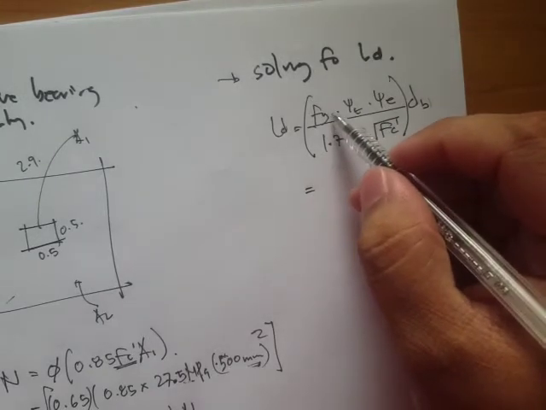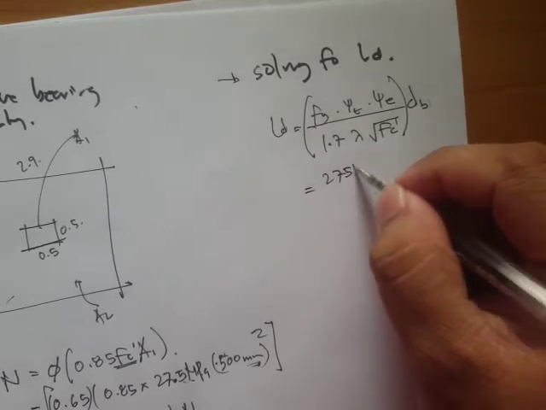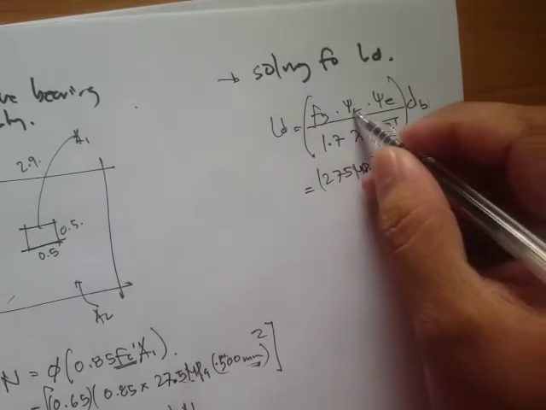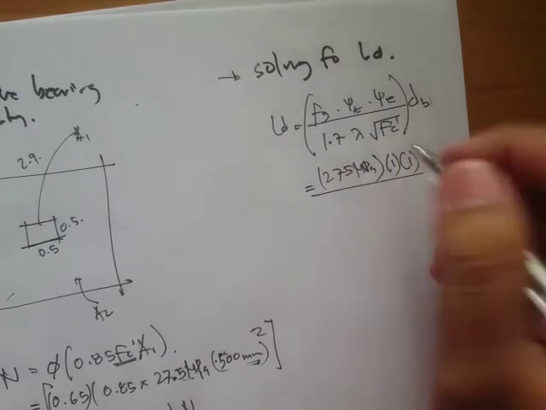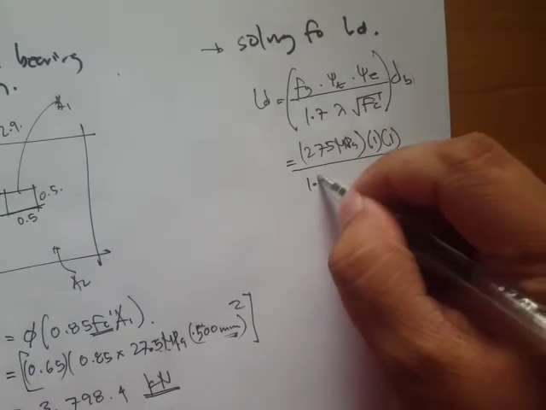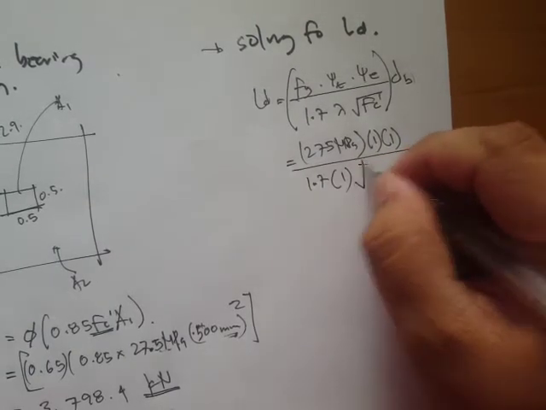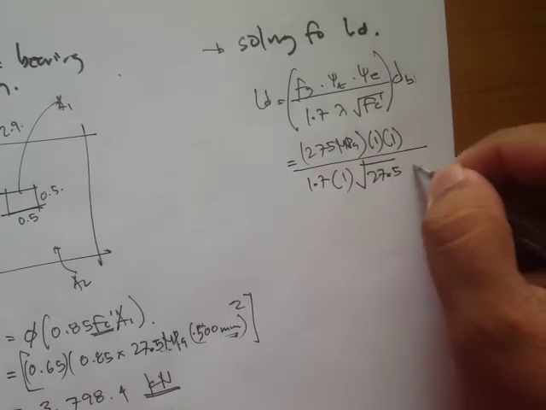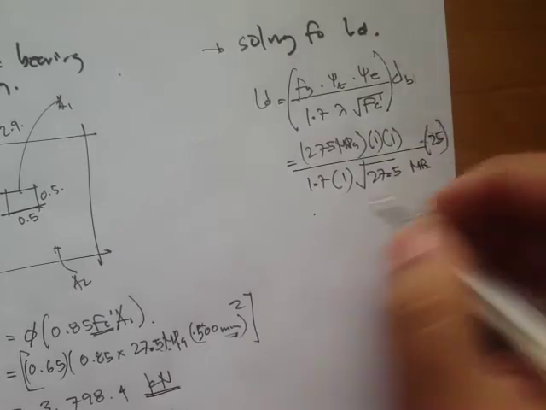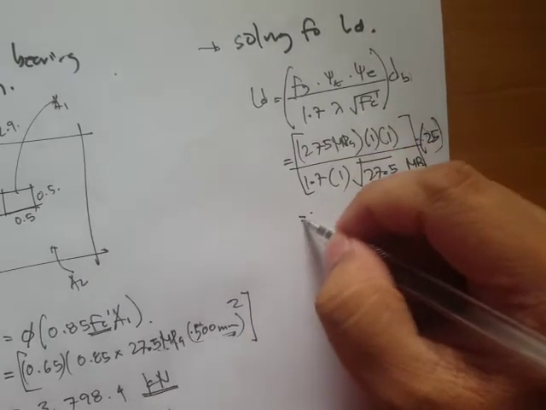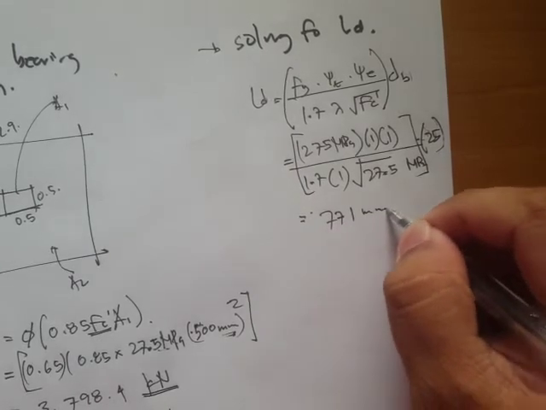If you substitute the values, this is 275 megapascals, and this one is 1, otherwise specified we'll use a value of 1. 1.7 times, again that's normal weight concrete, and then square root of 27.5 megapascals, and the bar diameter of 25 mm. So we get a value of 771 mm.